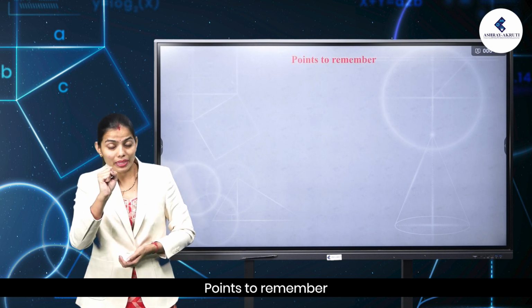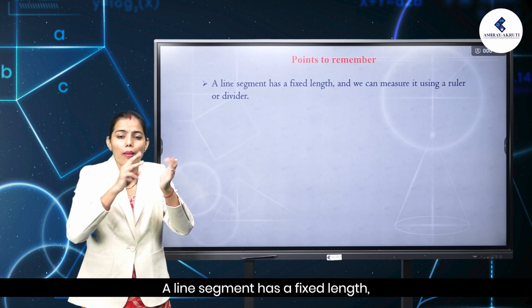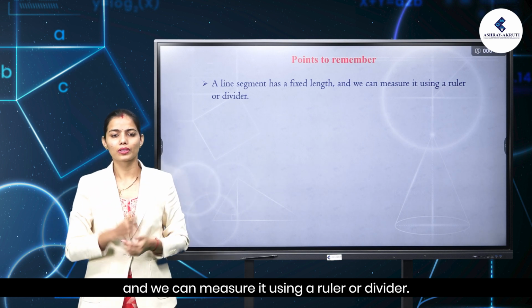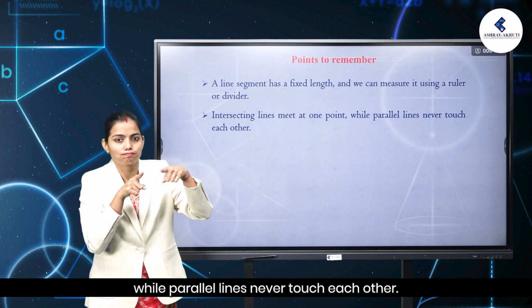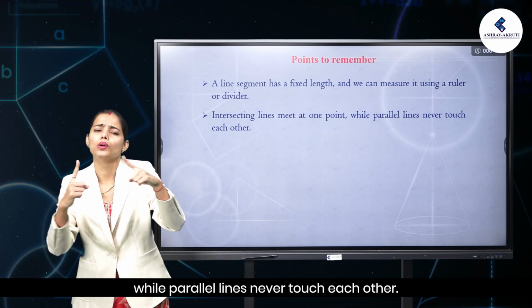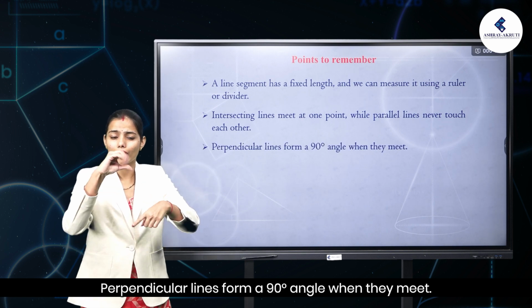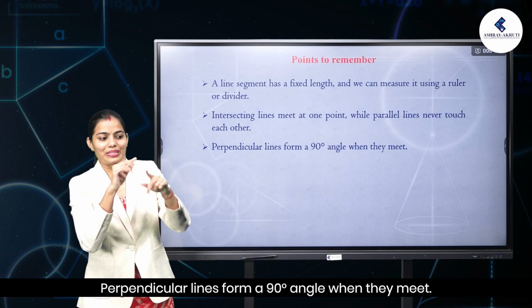Points to remember. A line segment has a fixed length and we can measure it using a ruler or divider. Intersecting lines meet at one point while parallel lines never touch each other. Perpendicular lines form a 90-degree angle when they meet.